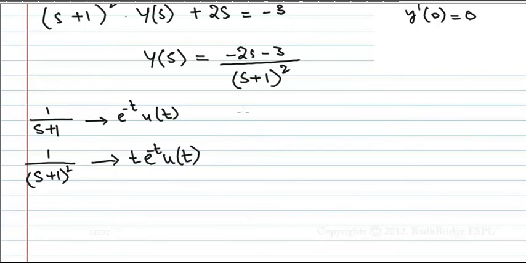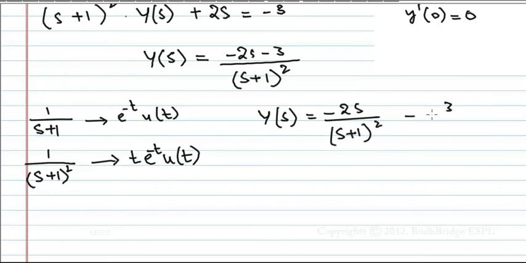I am applying the same here. Y of s equals minus 2s by s plus 1 whole square minus 3 by s plus 1 whole square. For this part, it is minus 3 t e power minus t u of t.